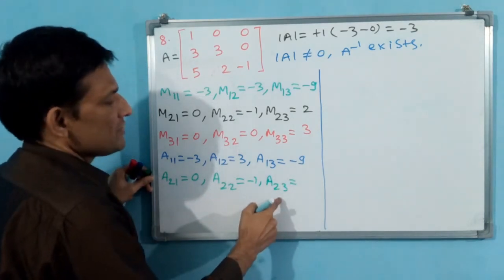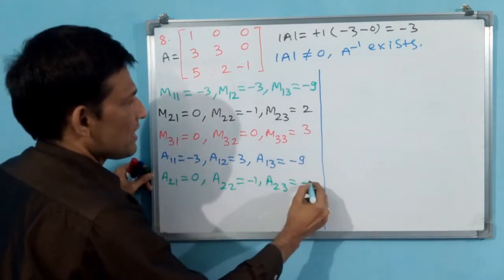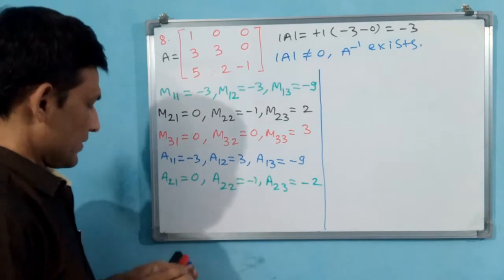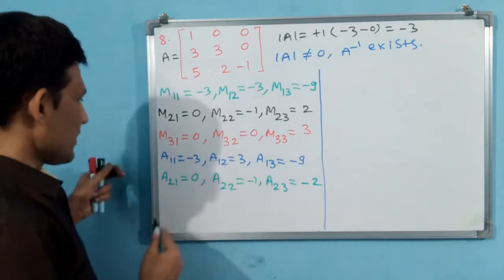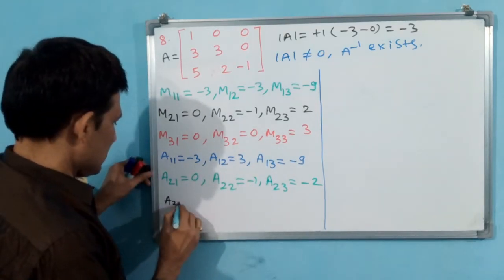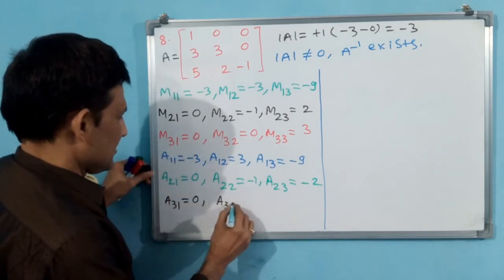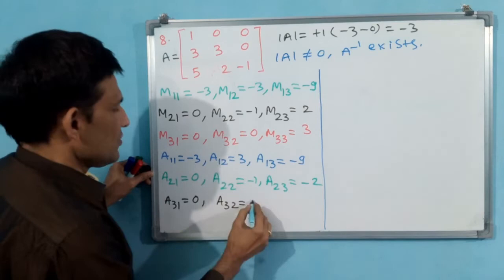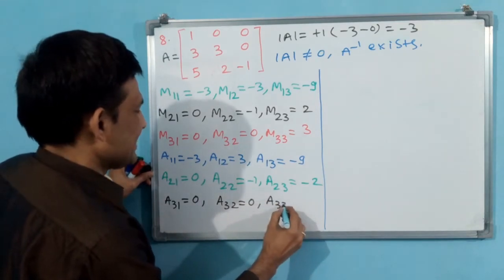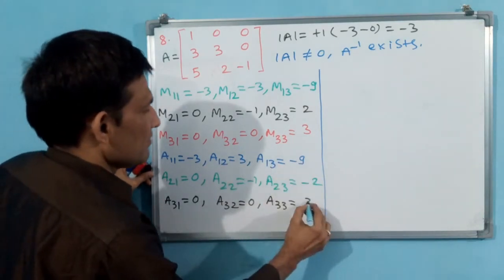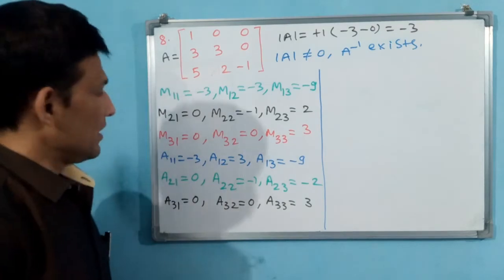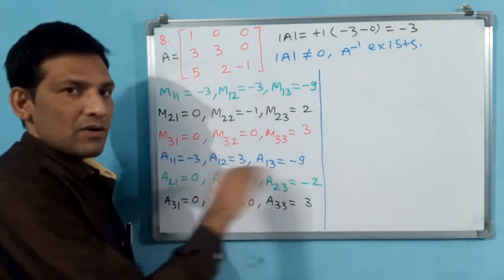A23 change symbol, 2 becomes -2. Write down A31, same sign, 0. A32 change sign, 0. A33 same sign, 3.